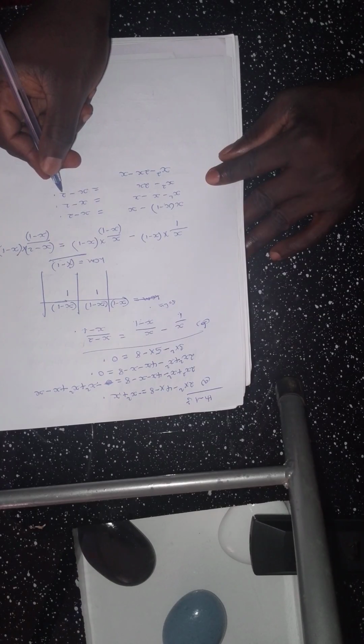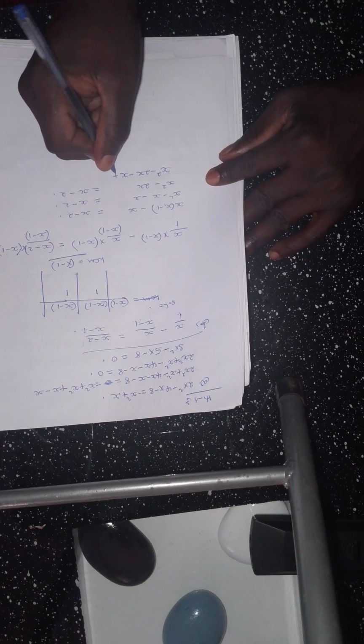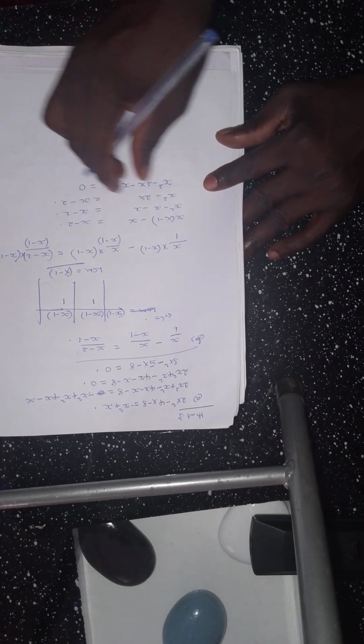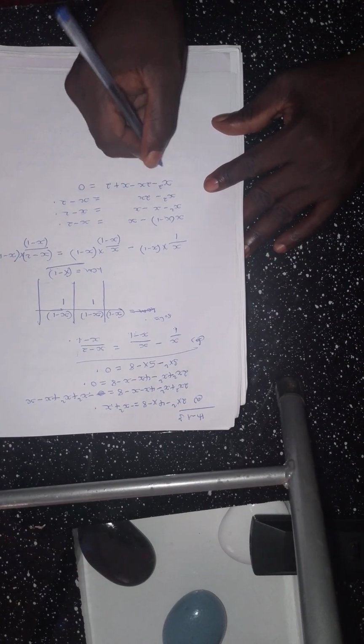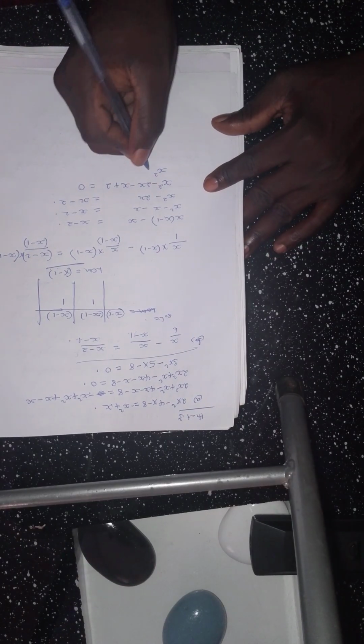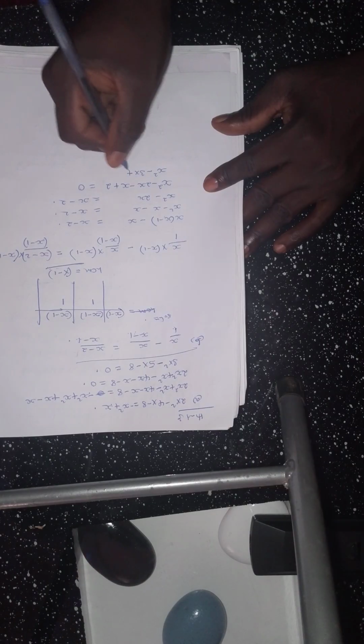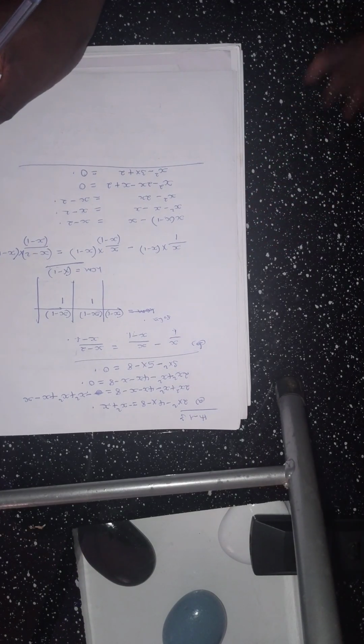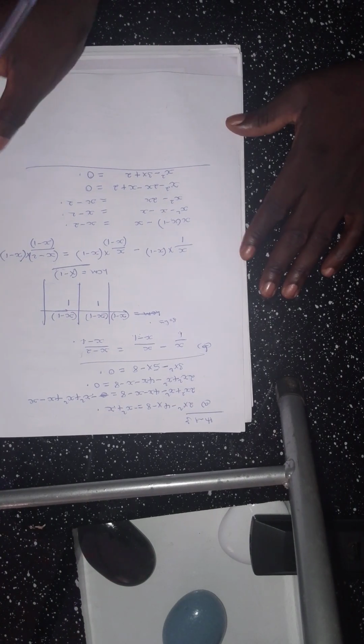This is a negative, so when it crosses, it becomes a positive. Plus 2 is equal to 0 because all these ones have crossed. Now x squared minus 3x plus 2 is 0. Then you solve this using the methods that we have discussed.